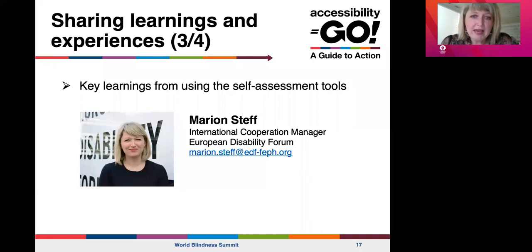At EDF, we came up with an action plan on what we could do, and we also provided a workshop for the members of the consortium.